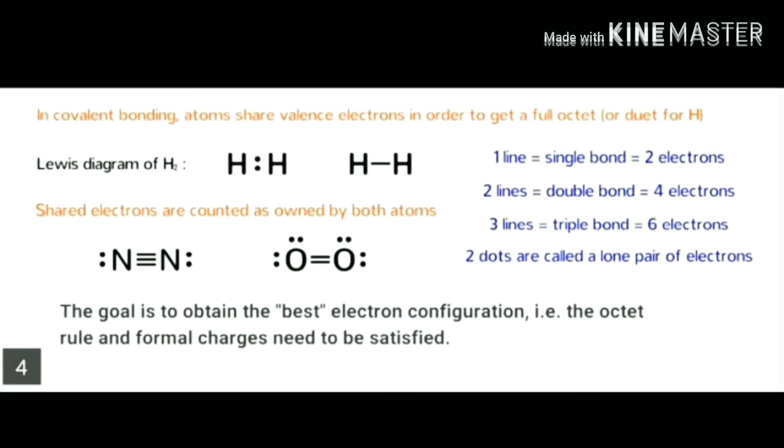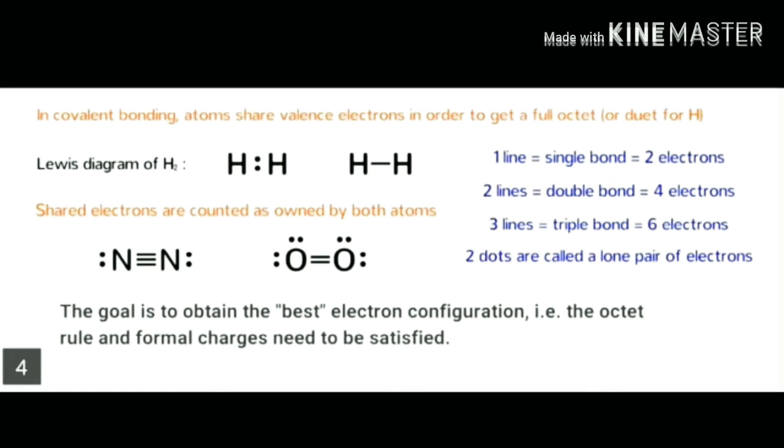If it has 3 lines, which represents a triple bond, it means 6 electrons are being shared. Both nitrogen atoms in the example are sharing 6 electrons in total and forming a triple bond to satisfy the octet rule.